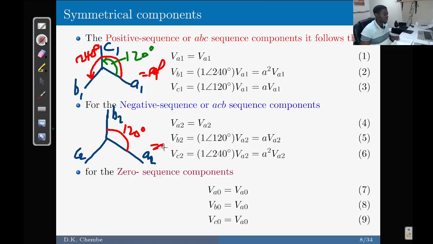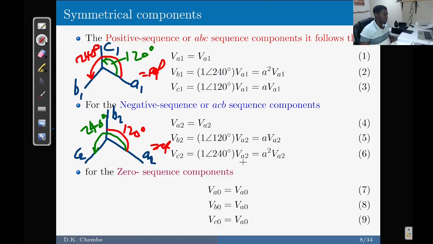And then going to phase C, we take 240 degrees, and this is what gives us the angle in reference to our phasor voltage VA2.